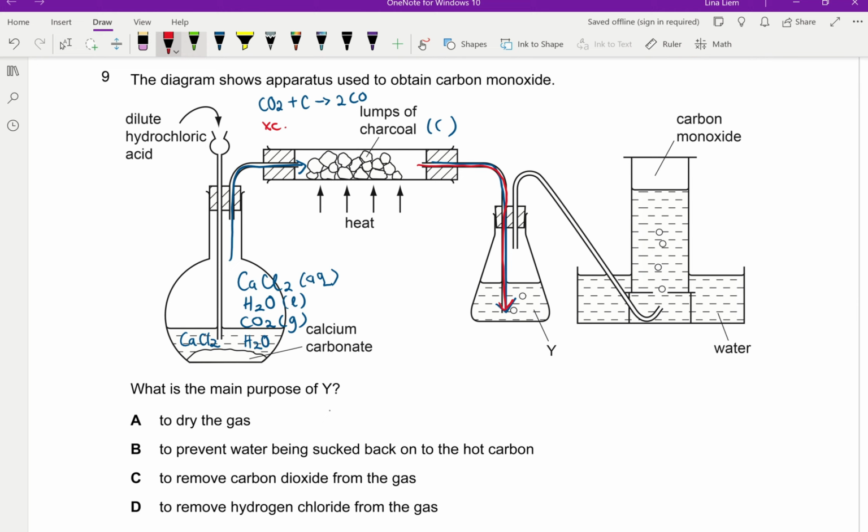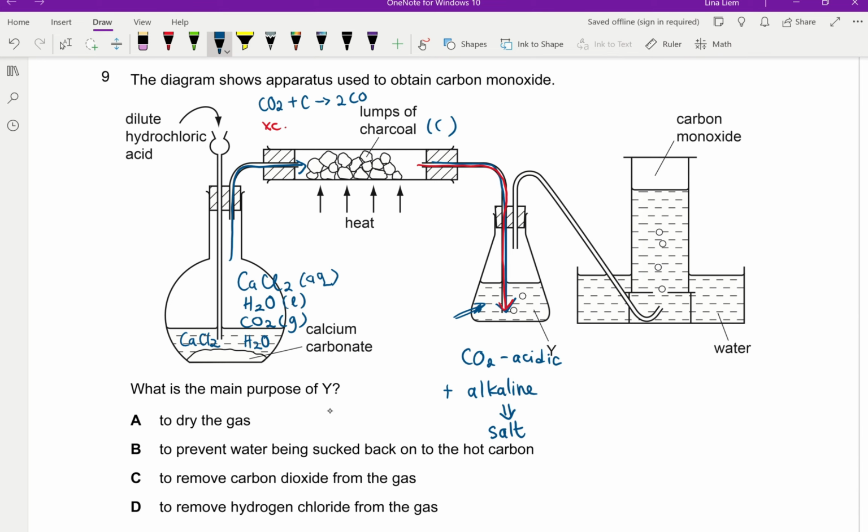So to make sure that we get only carbon monoxide, we need to eliminate any carbon dioxide. Now, carbon dioxide is an acidic gas, so it can be eliminated by reacting it with something alkaline or basic, in which case they will make a salt. And the salt will just be a salt solution and stays in this flask.